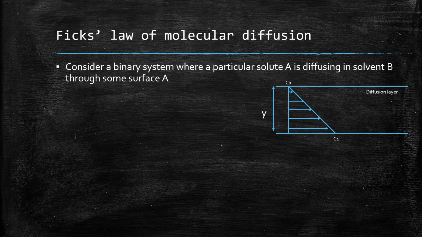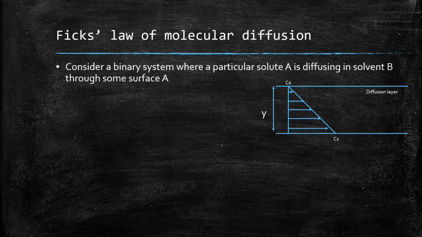So obviously there would be a concentration gradient in the diffusion layer, where there will be a higher concentration of solute A in the gas phase and the concentration will go on decreasing as you go towards liquid, right?